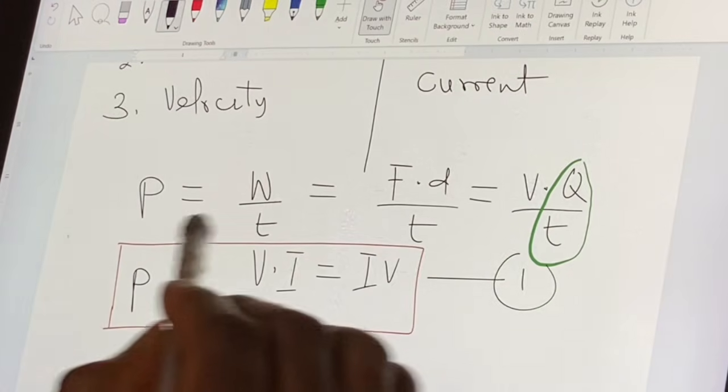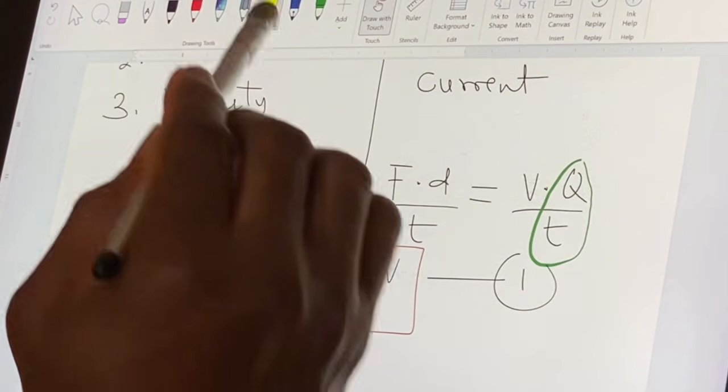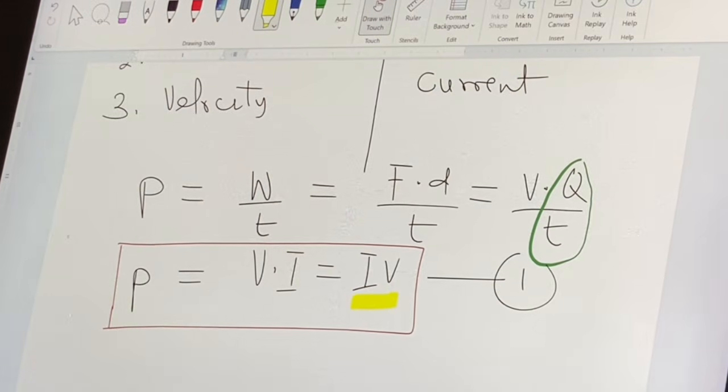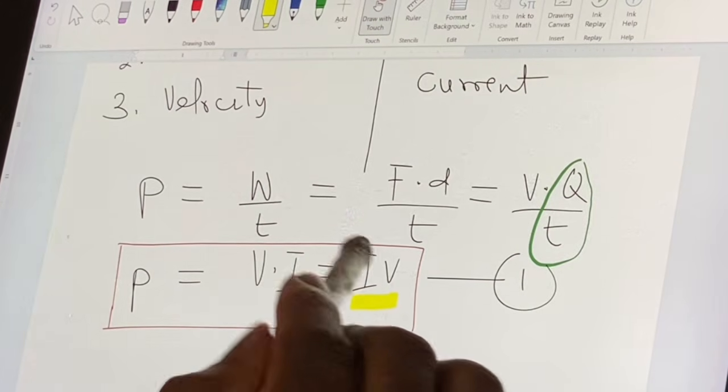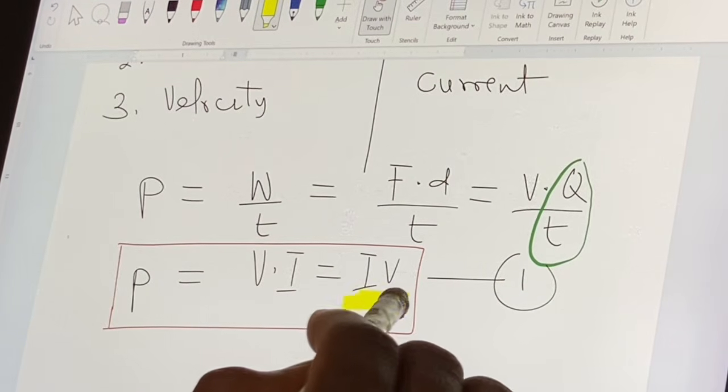Any other formula depends on Ohm's law, where you can use Ohm's law to calculate the missing parameter. If voltage is not given, you can use Ohm's law to calculate voltage, then replace voltage here. If current is not given, you can use Ohm's law to calculate current and then replace current here.